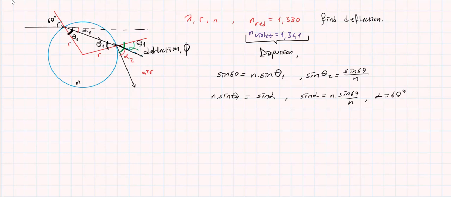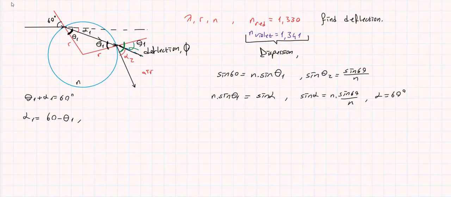But now we have a refraction angle theta 1, and we have a deflection angle alpha 1. So I will try to find alpha 1, but it's easy. If there weren't any deflection, then this total angle would be 60 degrees. Then I can say that theta 1 plus alpha 1 will be equal to 60 degrees, and alpha 1 will be equal to 60 minus theta 1.